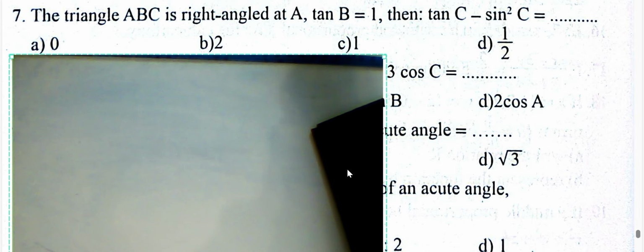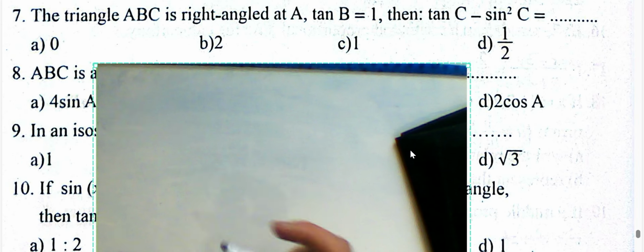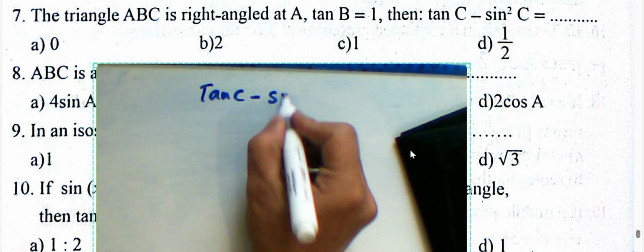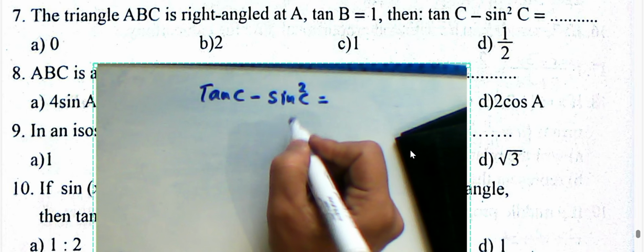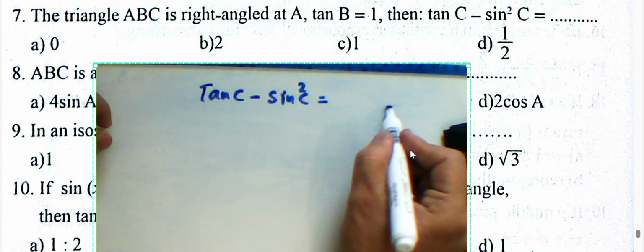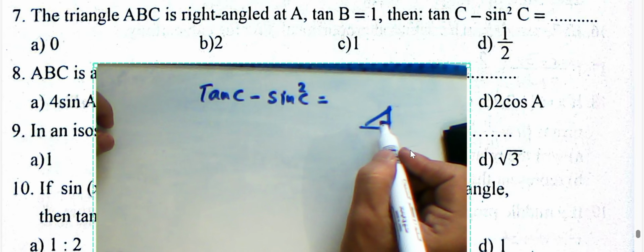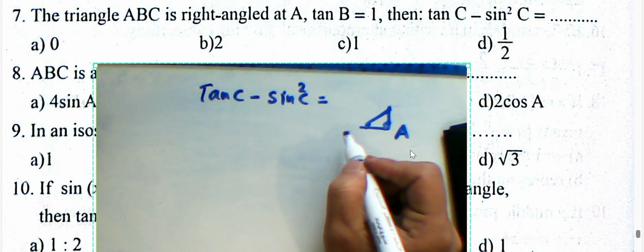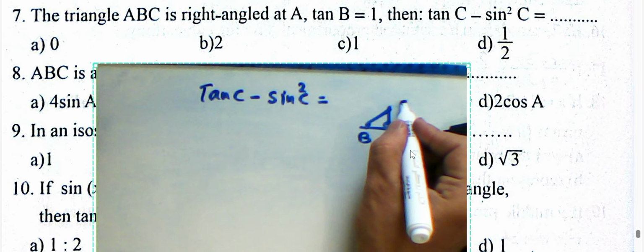Triangle ABC is right-angled at A, and tan B equals 1, then tan C subtract sine C to the power 2. He tells us in the example it's a right-angled triangle at A, and tan B is 45.